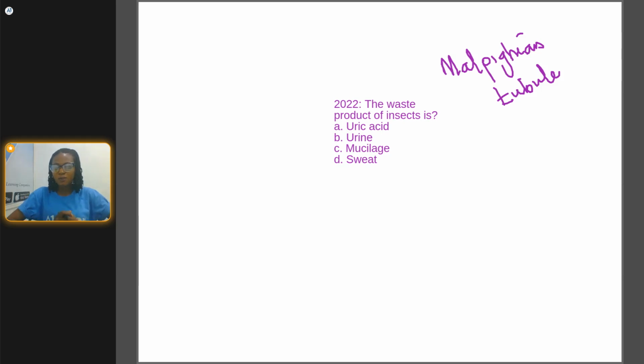It says, the part of mammalian skin that excretes metabolic waste is dash.